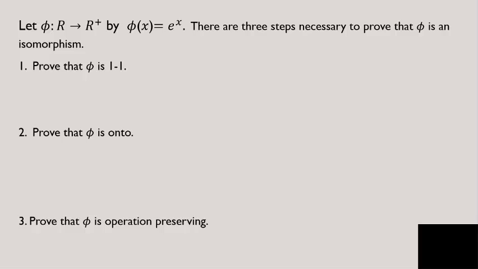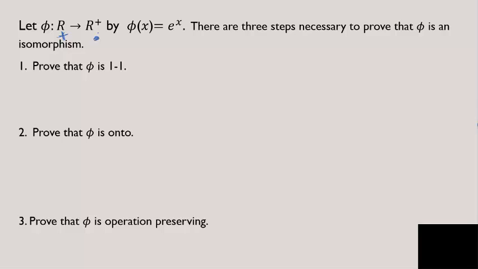It says, let phi map the real numbers, under addition, to the positive real numbers. We're not writing the operations down, but we know what they are. In the real numbers, the operation is addition. We'd have to take 0 out to have it be a group under multiplication, and the positive reals would have the operation multiplication. So let's define the mapping by phi of x equals e to the x.